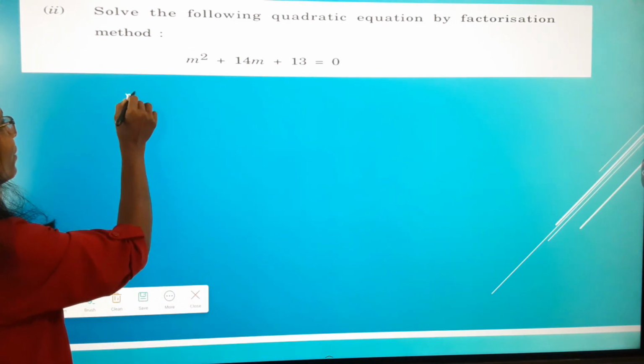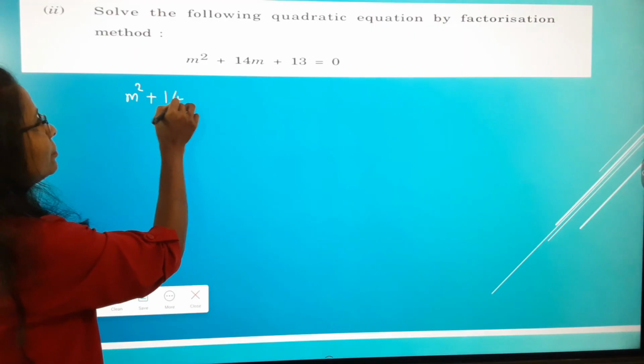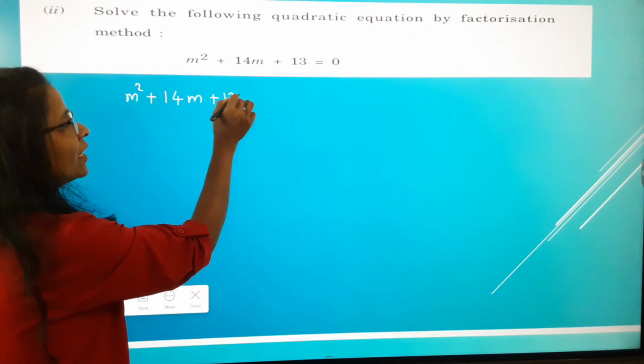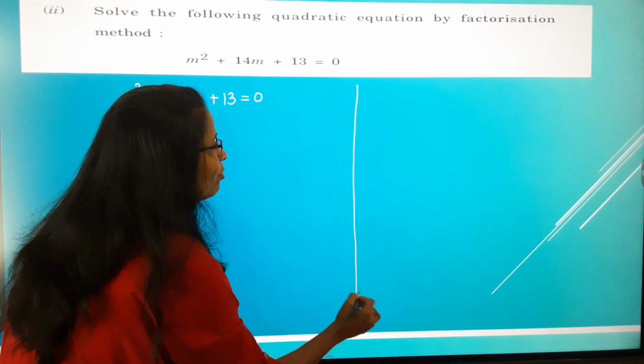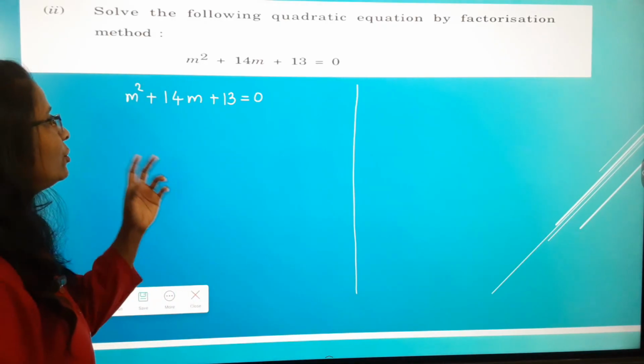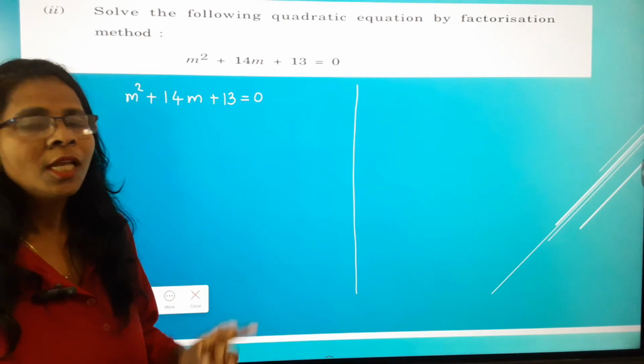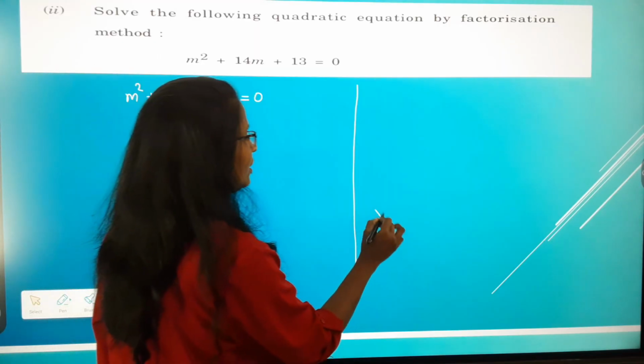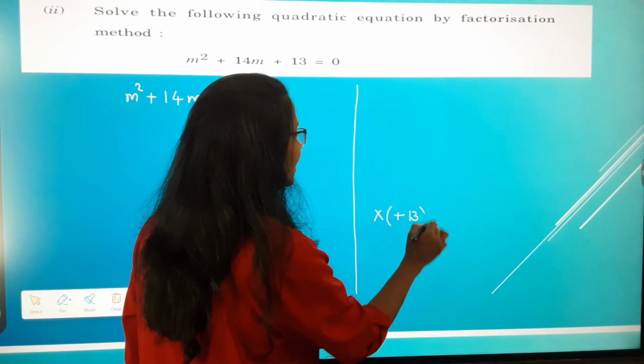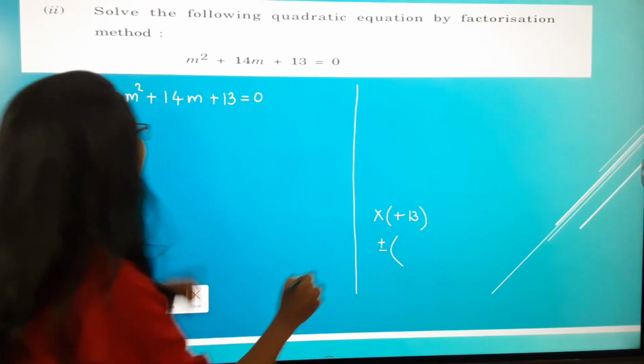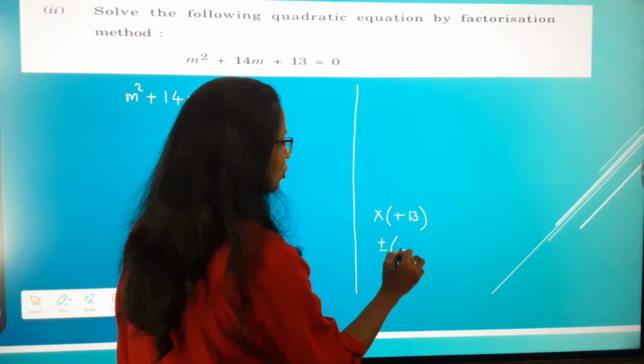So m square plus 14m plus 13 is equal to 0. Now we have to get the two numbers whose product is positive 13 and whose sum is positive 14.